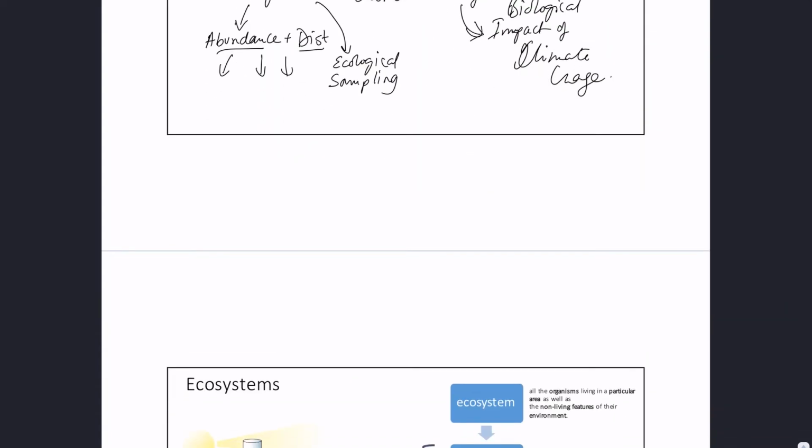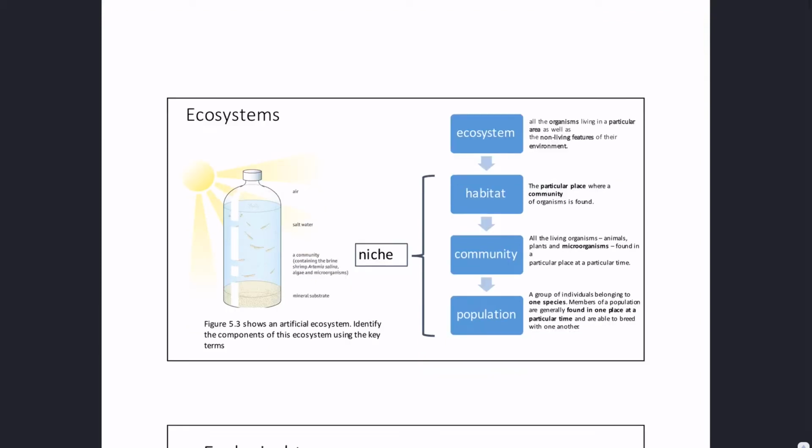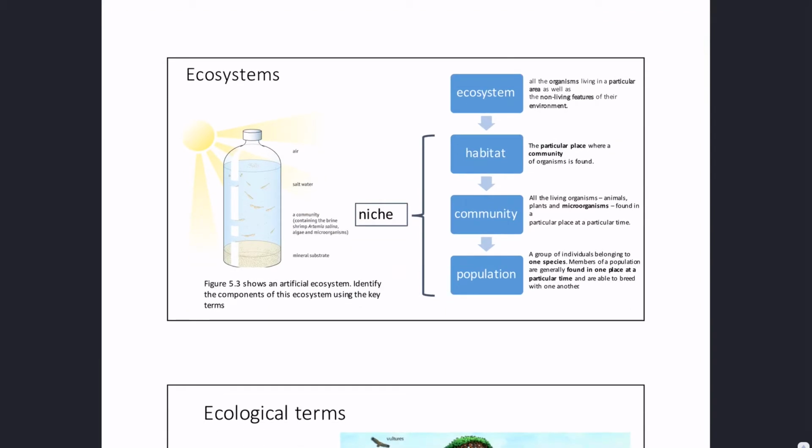So let's do it. So the first thing we looked at was the definitions of the key terms that we'll be using throughout the topic. Obviously there's other ones, but the key ones are ecosystem, habitat, community, population, and niche. Okay?